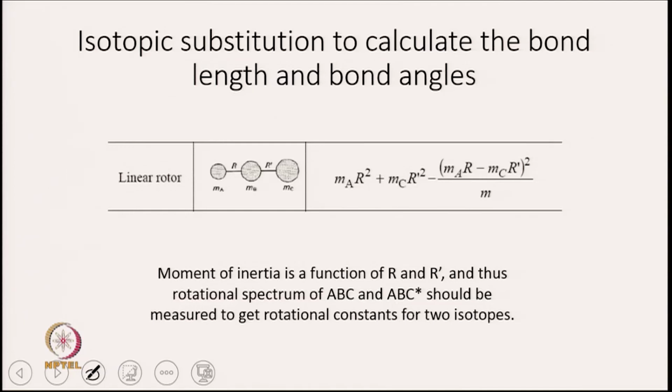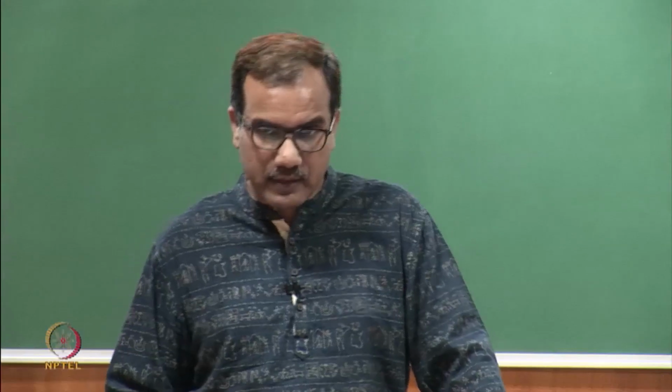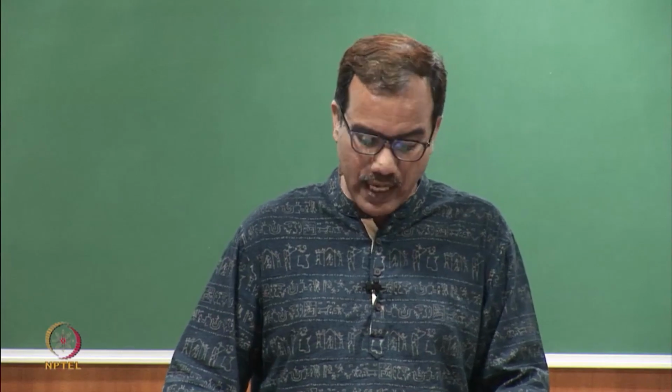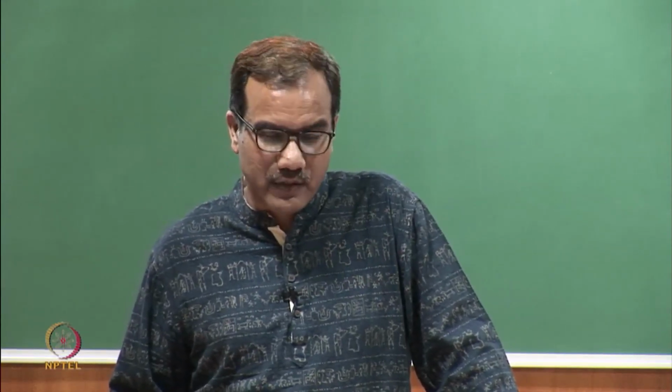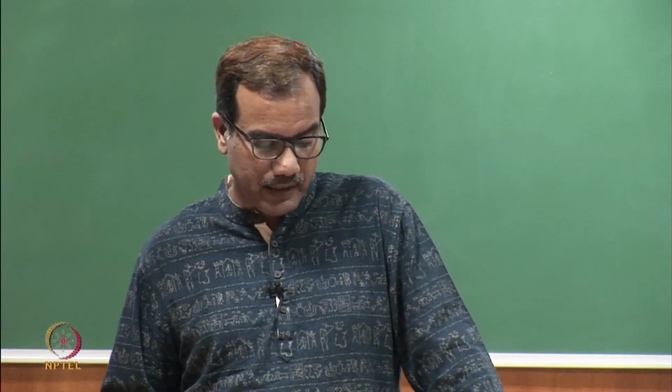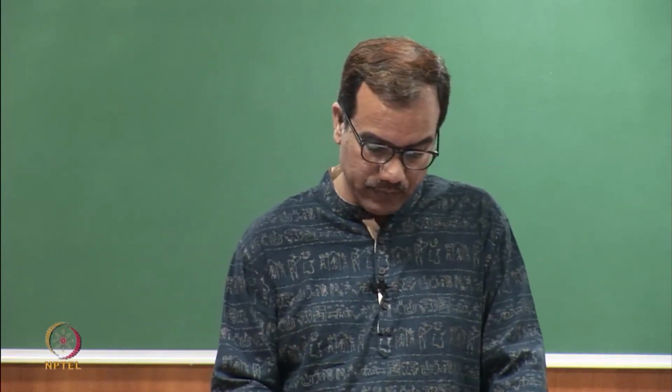C star is basically an isotope of C. Everything is the same, r and r dash are the same, MC differs, and you know what MC is. Then you have two rotational constants, and your moment of inertia is a function of two variables. So you have two constants and two unknowns, and so you can calculate r and r dash. And similarly, if your moment of inertia is a function of r and theta, you can get r and theta by isotopic substitution.